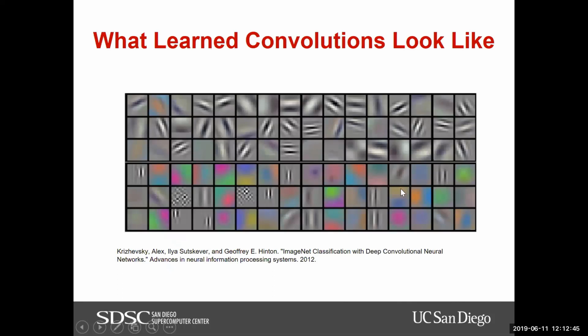It's hard to say exactly what these filters are doing, but prior to convolution networks, people would just say, let's build a bunch of edge detectors and see how well we can classify images. Here you have a bunch of filters that you couldn't necessarily have guessed or predicted exactly what kind of filters the network is going to learn.